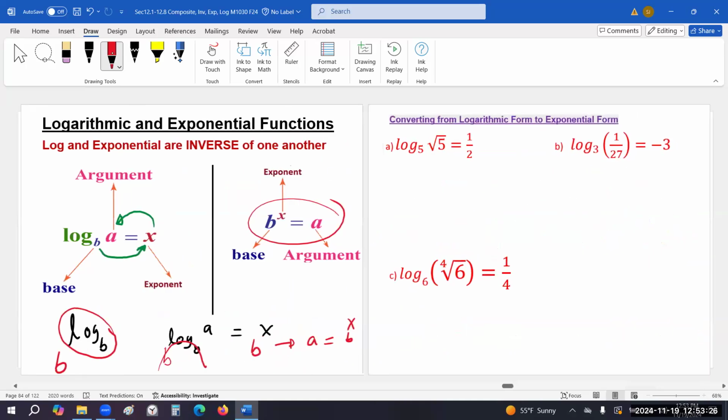Now have some practice. Rewrite all of these logs into exponential format. Convert the logarithmic form into exponential form. No calculators, these are just conversions. We are not doing any math, we're just converting them.